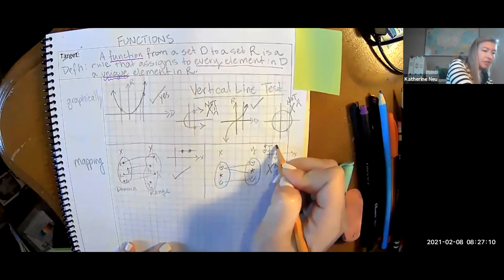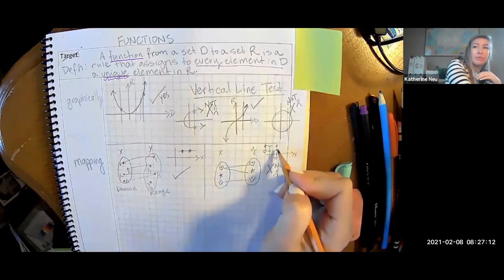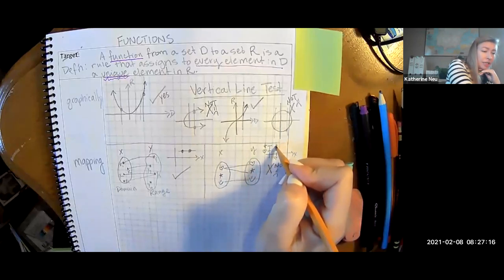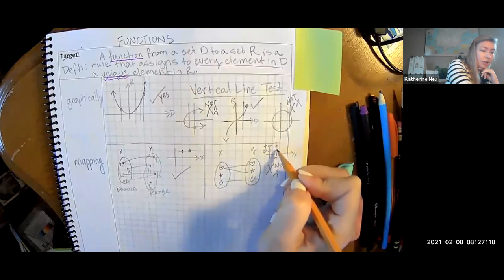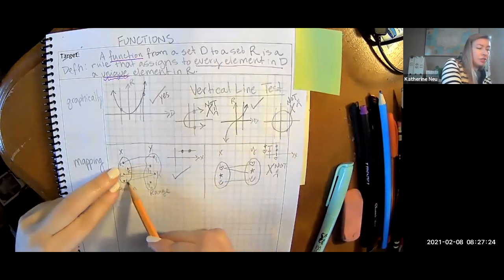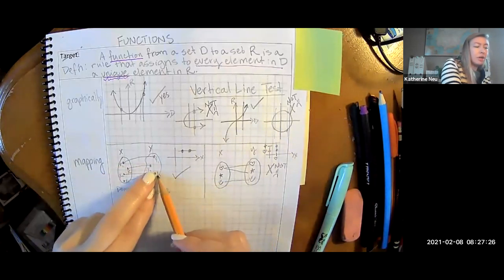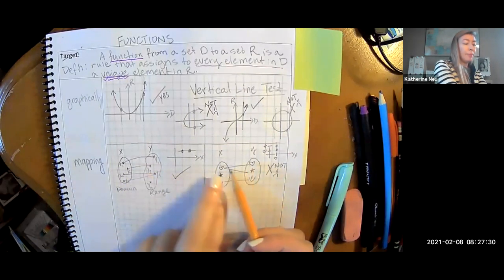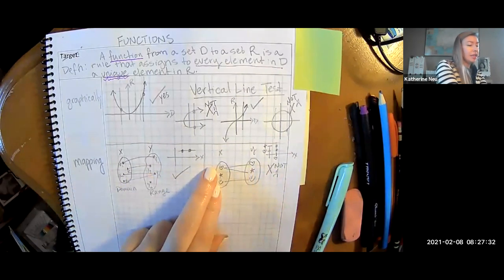So I have these two points, and they're right on top of each other on the y-axis. So if I drop a vertical line down between those two, I'm going to hit both of those points. So you have an example of where it's okay if two points map to one point on the y-axis, that's okay. But if two points on the y map to one on the x, that's not okay. That is not a function.